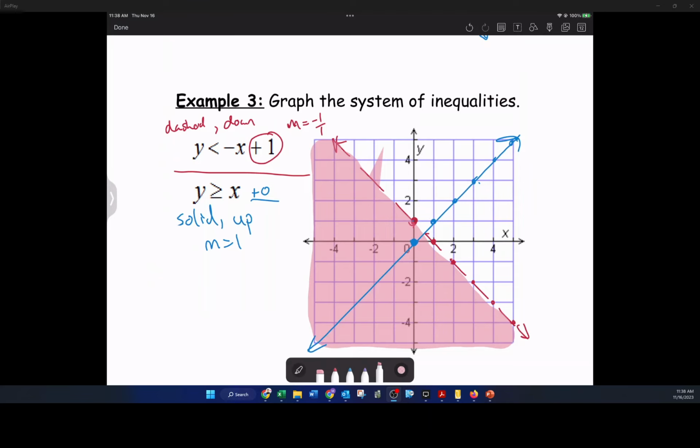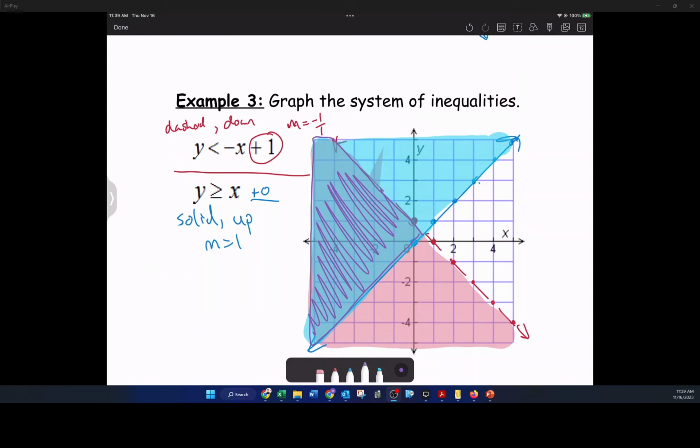And we are shading up. So they overlap in this area right here. And that's it.